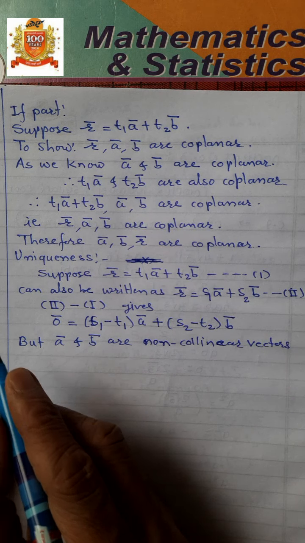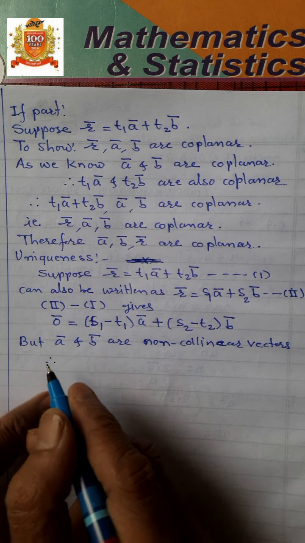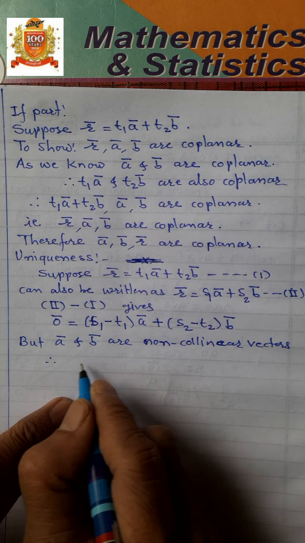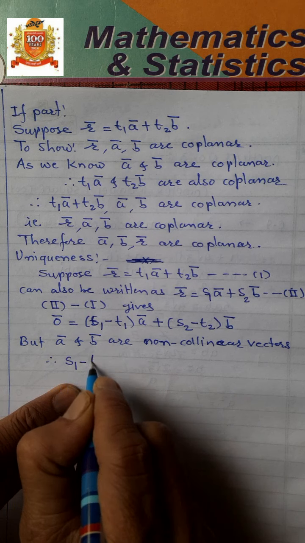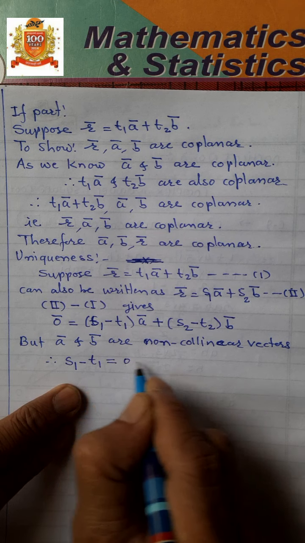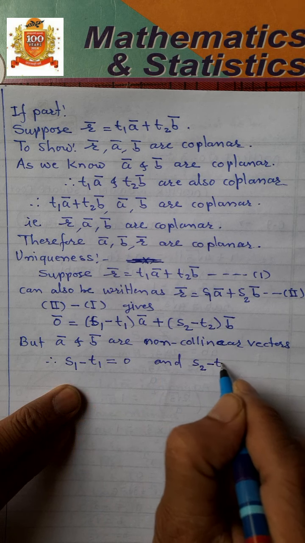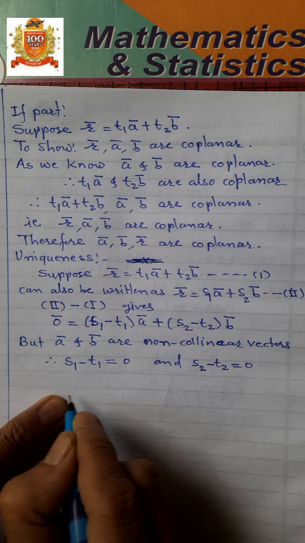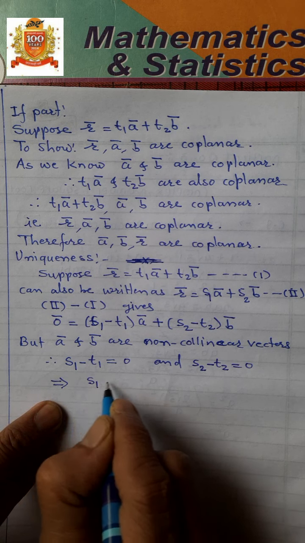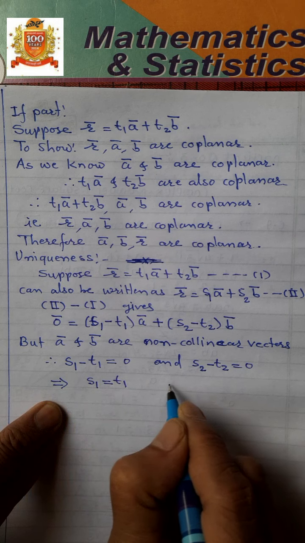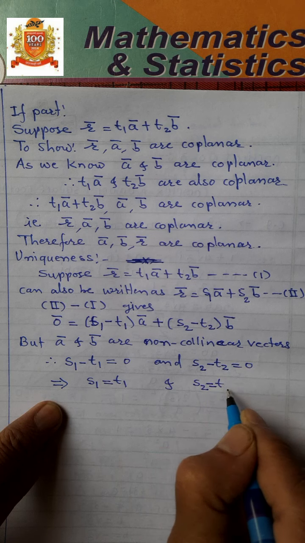Therefore, S1 minus T1 is equal to 0 and S2 minus T2 is also equal to 0. This implies that S1 is equal to T1 and S2 is equal to T2.